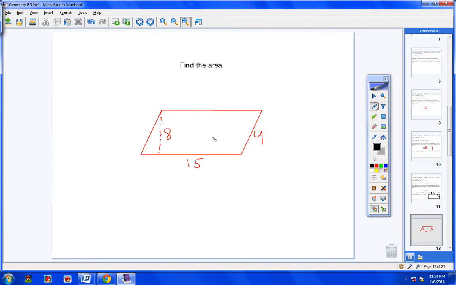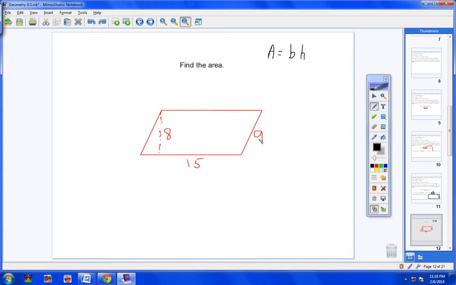So let's go ahead and practice. Copy this in your notes. I would like you to find the area of this parallelogram. All right? Well, area equals, when you're dealing with a parallelogram, base times height. Now, obviously, your base is right here, 15, so that's obvious. And 9 would not be your height.